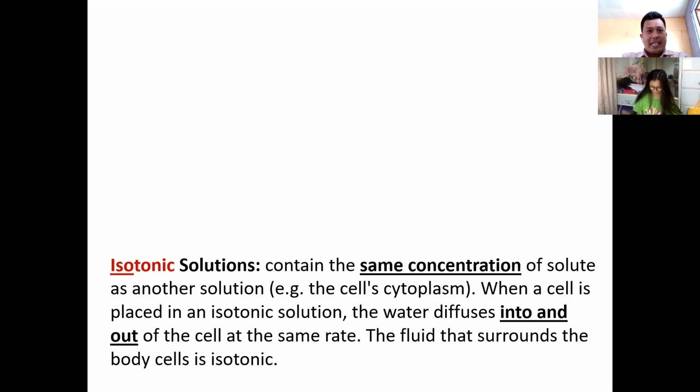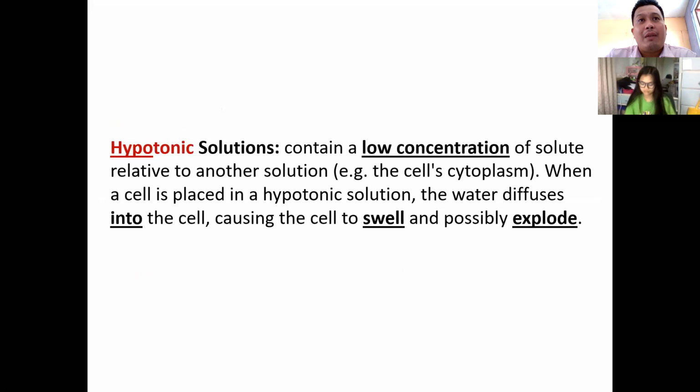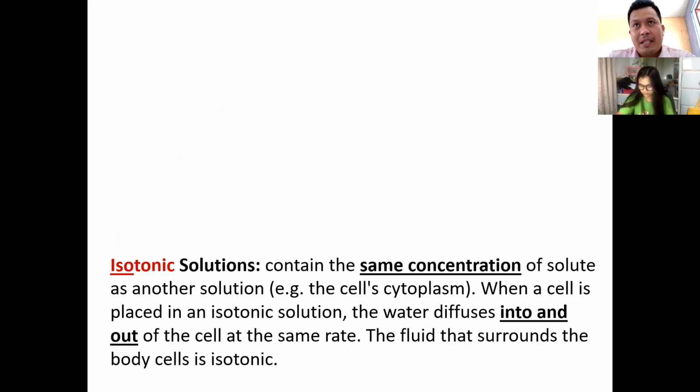So the normal cell bulkness is just being achieved. The shape of the normal cell is also the shape of a cell under isotonic solution. So balik ta ha. Hypertonic, the cell will shrink. Hypotonic, the cell will swell, manambok. Isotonic, the same size of the cell.